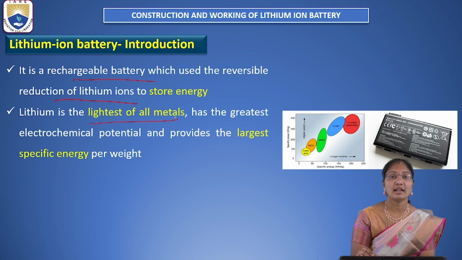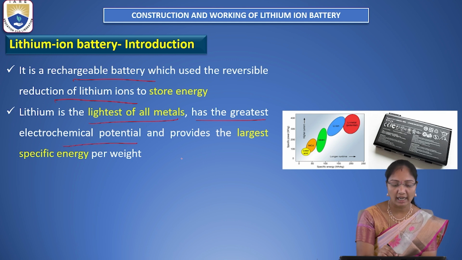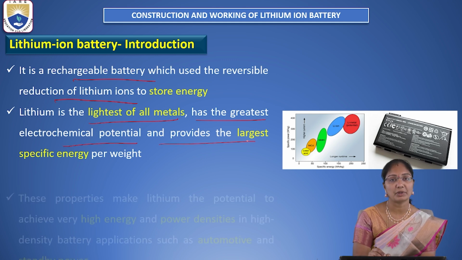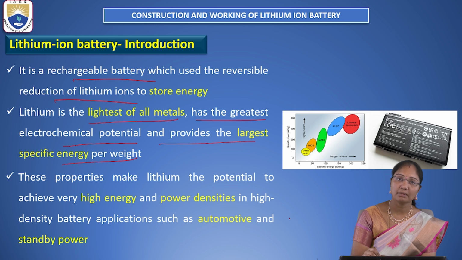Lithium is the lightest of all the metals, meaning its weight is very low, the lightest among all the metals present in the periodic table. It has the greatest electrochemical potential and also provides the largest specific energy per weight. Lithium is considered because of these unique properties among the other metals.